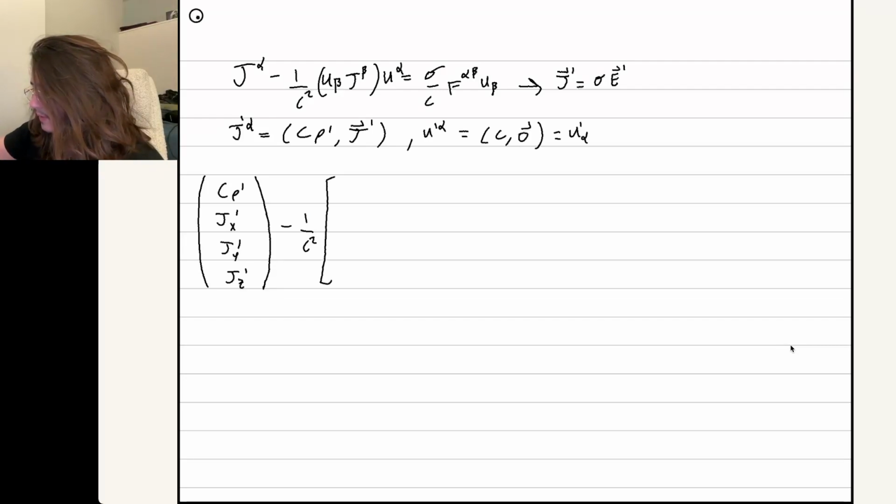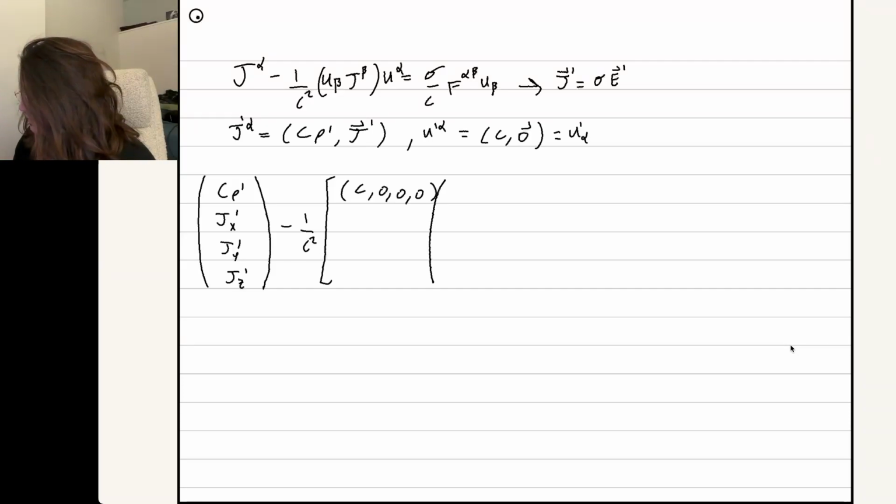There's an inner product that we have to do between the 4-velocity, which I'm going to write as a row, c, 0, 0, 0, and the 4-current as c rho prime, Jx prime, Jy prime, Jz prime. And then it's all multiplied again by the 4-velocity. This time I'm going to write it as a column, and it's just going to be c, 0, 0, 0, right?